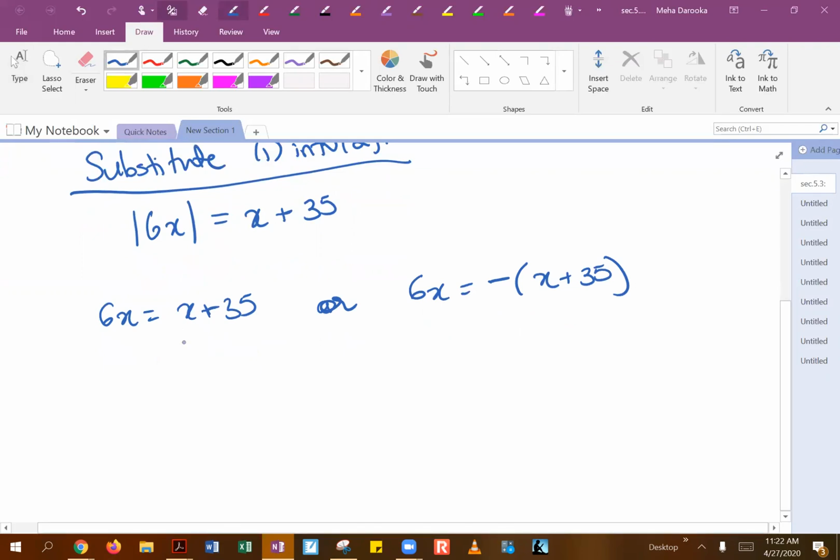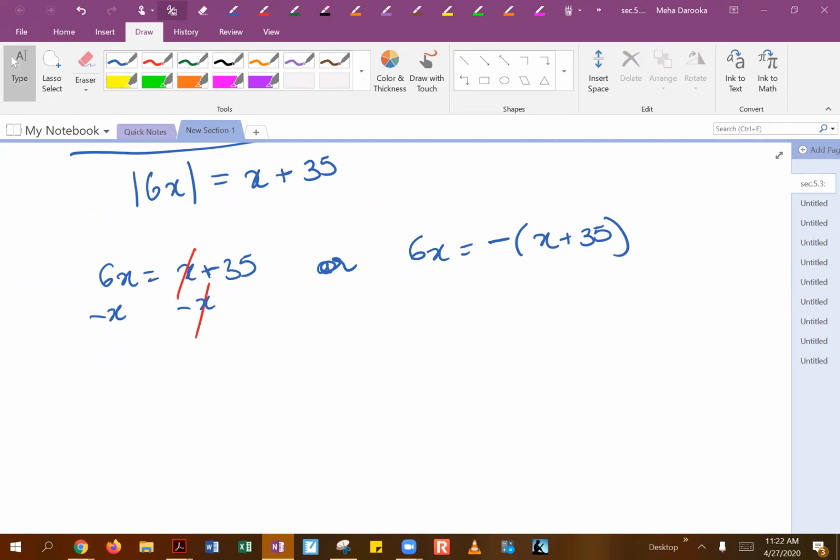What happens when you try to get x by itself? What are we going to get as our answer? So of course, our first step would be combining the x terms. So I subtracted my x. On the left-hand side, we will end up with 6x minus x, which of course gives you 5x. You're left with 35 on the right.